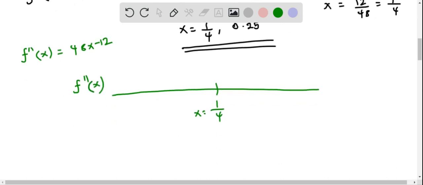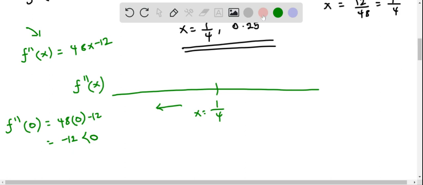So basically we are preparing the sign chart for the second derivative. Considering the point x equal to 1 fourth, we take any random value to the left of it. I'm going to take x equal to 0 and plug it into the second derivative. So f double prime of 0 equals 48 times 0 minus 12, which is negative, so it is less than 0. So to the left of x equal to 1 fourth, the second derivative is negative.